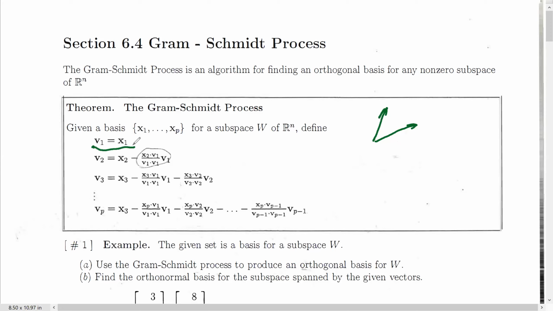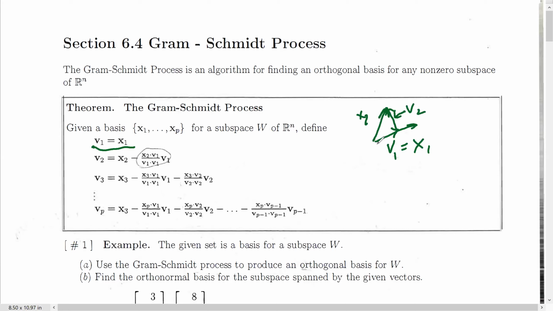So this is my x1, which is also my v1. Now I have vector x2 that I am orthogonally projecting onto this vector x1. The second vector is going to be this vector, this is going to be my v2.